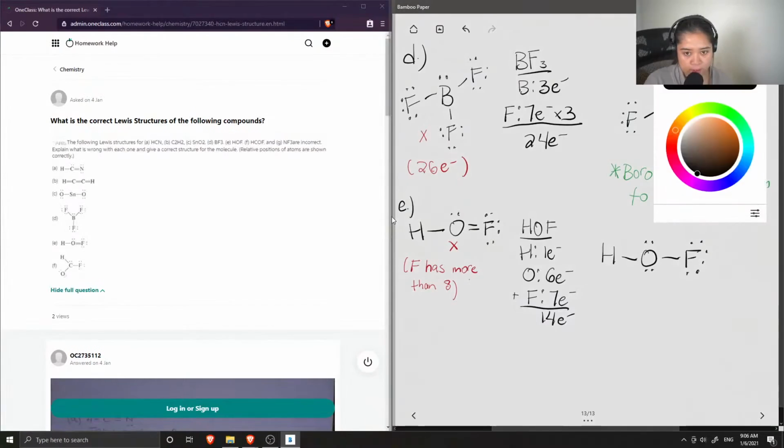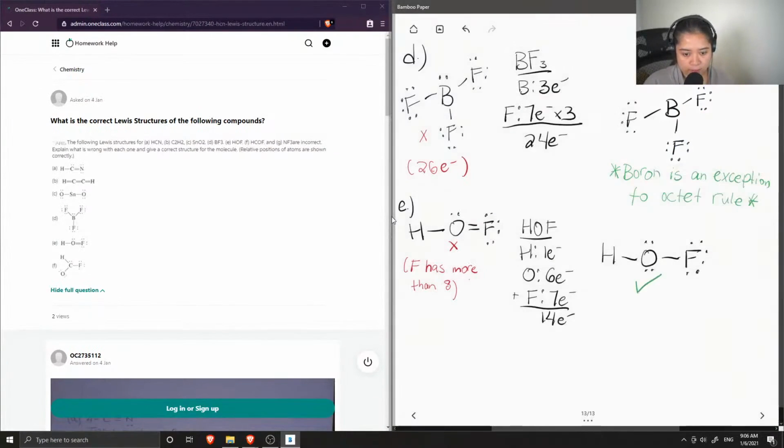Okay, so this is the correct structure. And now let's look at the last molecule.